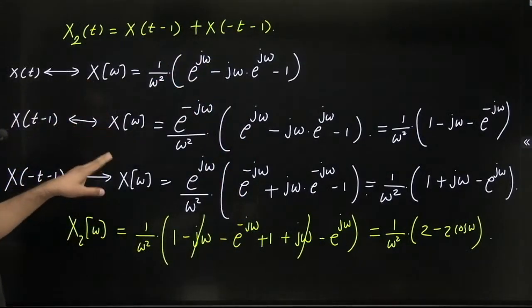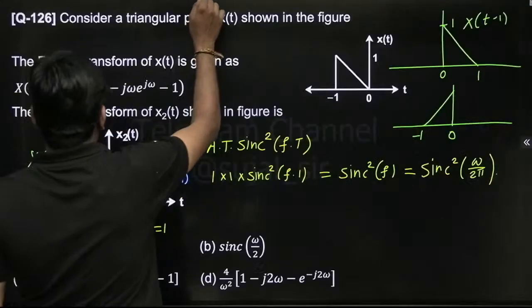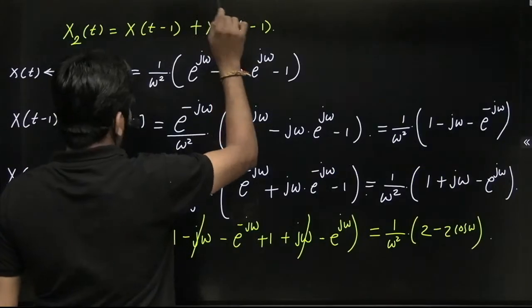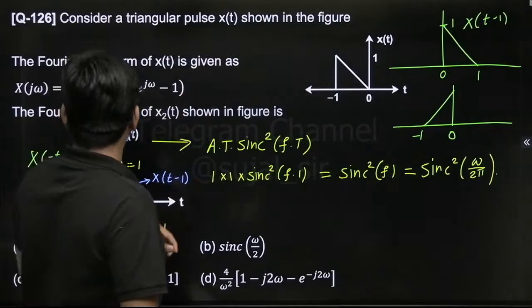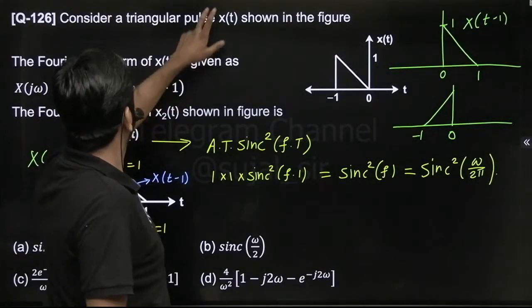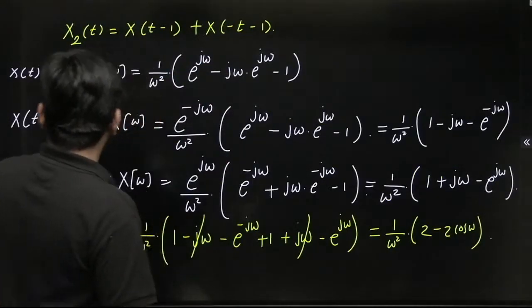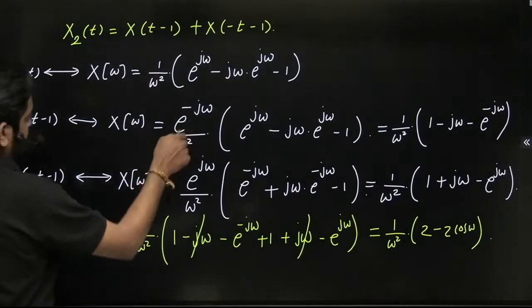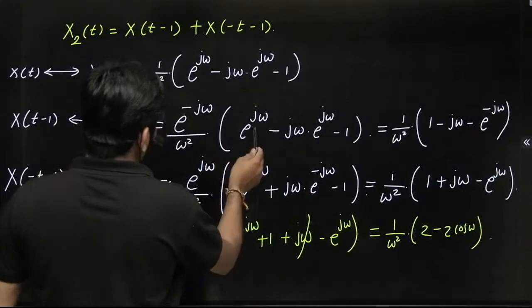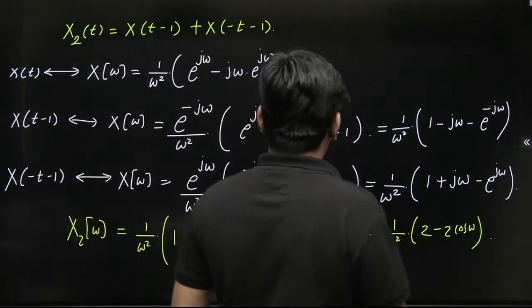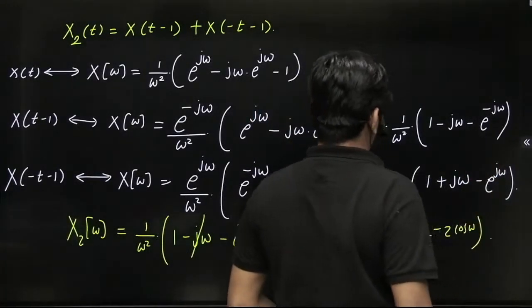So X of omega is this one, e power j omega minus j e power j omega minus 1. So for x of t minus 1, e power minus j omega upon omega square, remaining term same, so multiply inside: 1 minus j omega minus e power minus j omega.